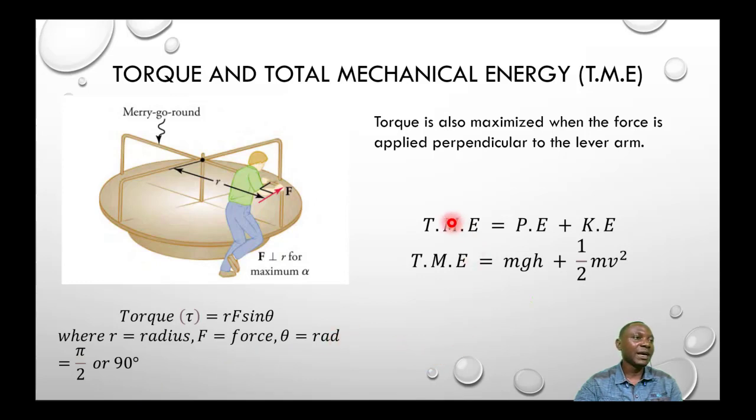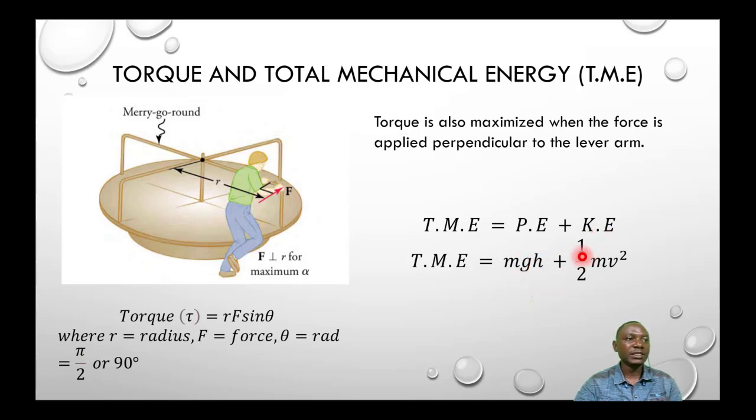The total mechanical energy in a body is the sum of potential energy PE plus kinetic energy KE. Potential energy is mass multiplied by gravity multiplied by the height of the body.